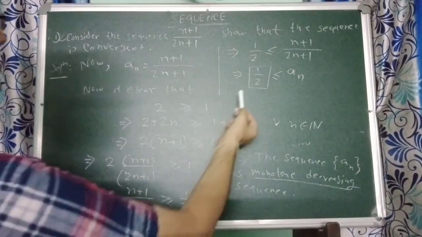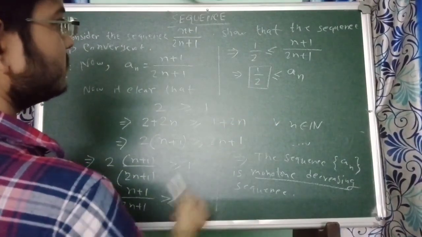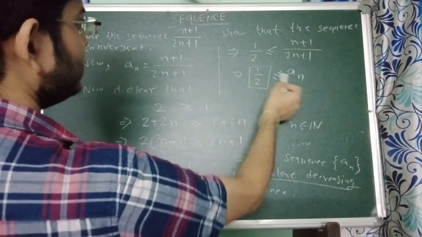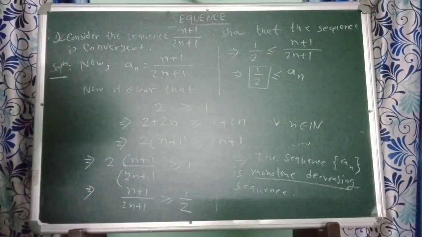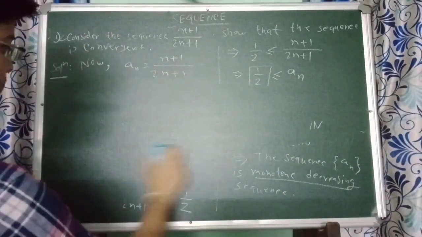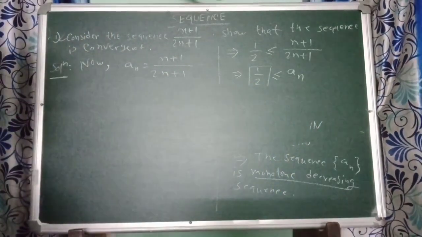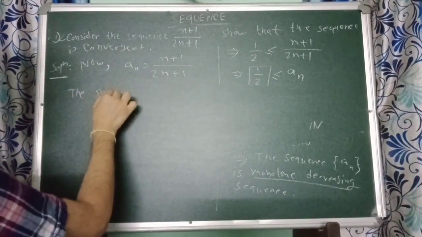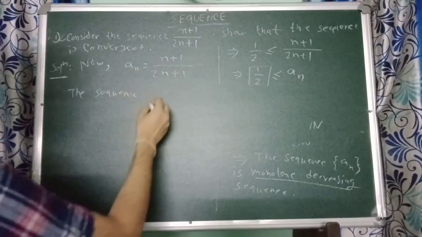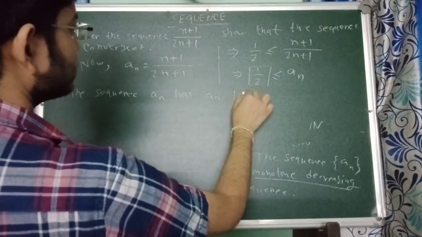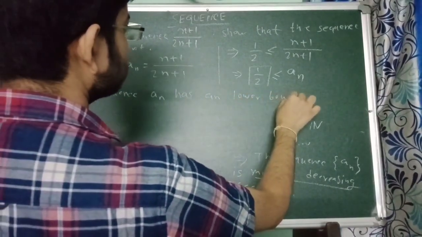There exists some quantity which is less than or equal to a_n. So a_n has a lower bound. So we conclude that the sequence a_n has a lower bound.